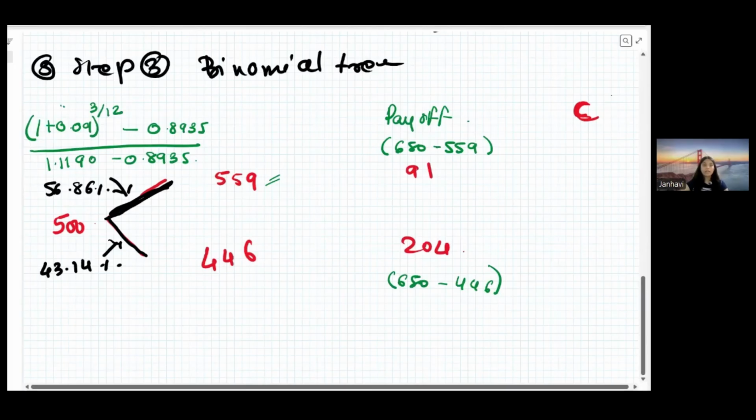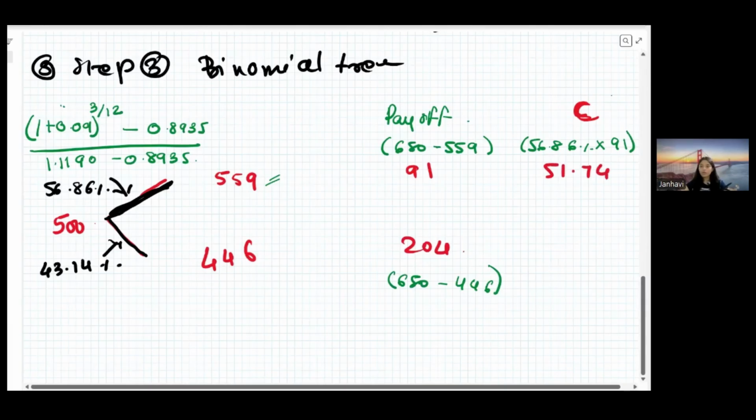Now what we'll do here is, we'll take a probability that is 56.86% into our payoff, that is 91. That is around 51.76 or 74. 51.74.